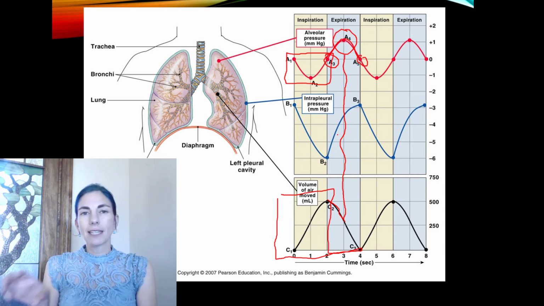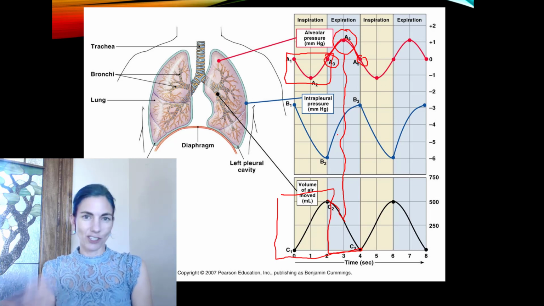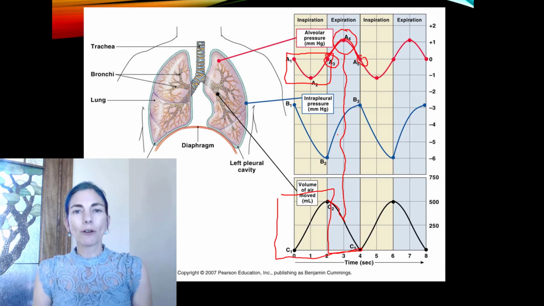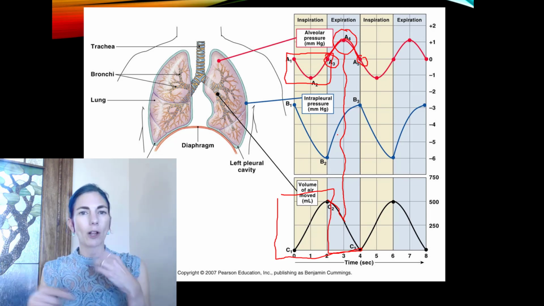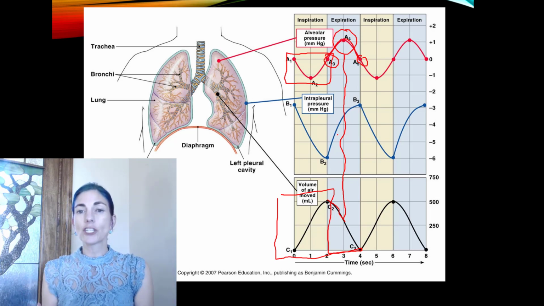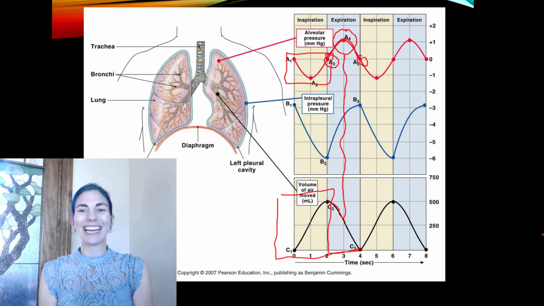Okay, this is a complicated graph, and when I do this face to face, it's just as complicated. I do encourage you to either watch this part again, or even better yet, go to the book and really try to follow it and reason it out. It should make sense, if not initially, then after a couple of trials. Okay, so hopefully at this point we have demonstrated that changing the volume of the lungs is going to drive inspiration and expiration.